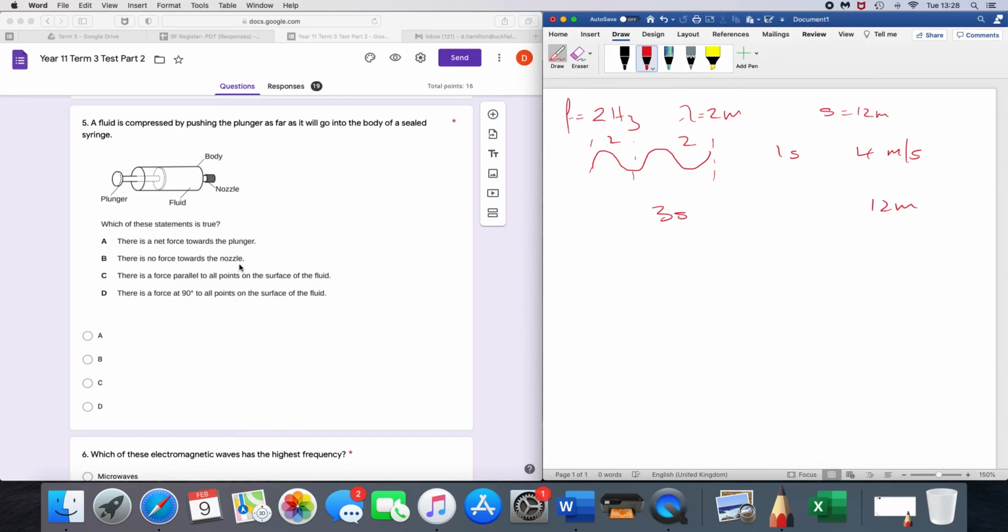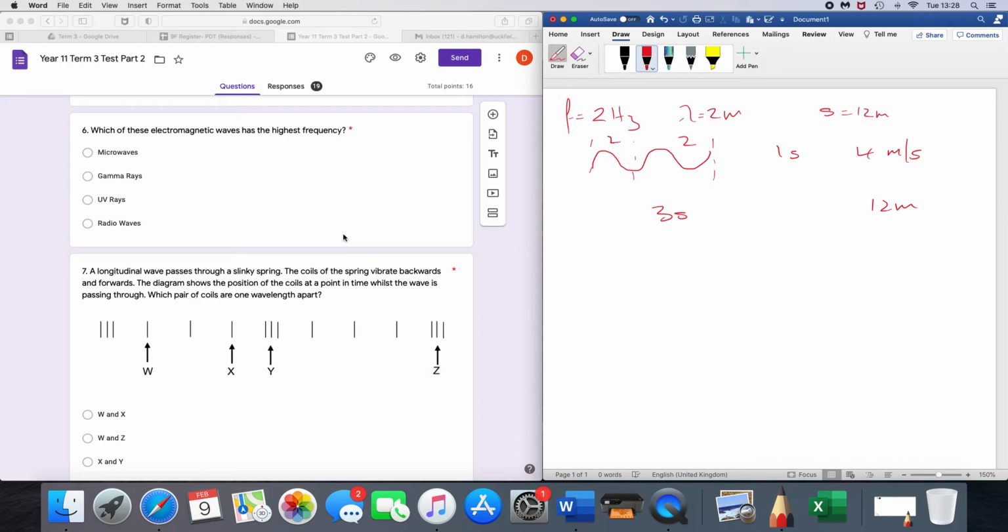Clearly there is a force towards the nozzle because, having pushed the plunger, the force is transmitted through the liquid. So there is a force towards the nozzle. A force parallel to all points on the surface of the liquid, forces left and right and up and down? I don't think so. The forces will all be in this direction at 90 degrees to all points on the surface. So the answer is D.